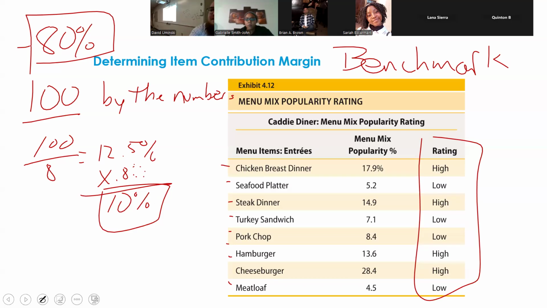It's higher. Good. That is where we're going to find out all of these highs and lows, by comparing to this benchmark of 10. So 5.2 is lower than 10. 14.9 is higher. 7.1, 8.4 are lower, etc., etc.